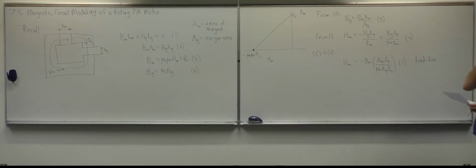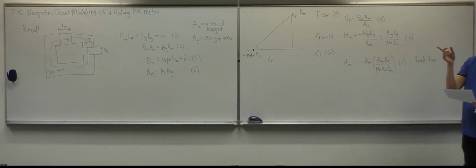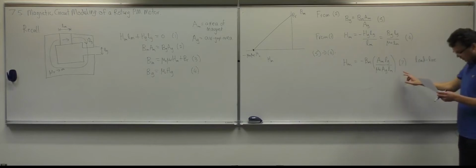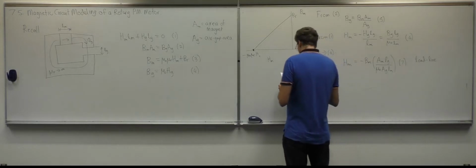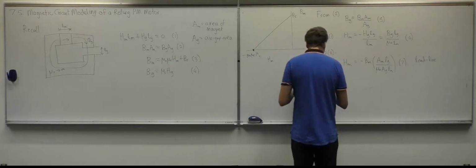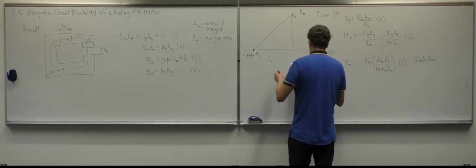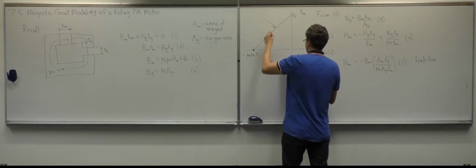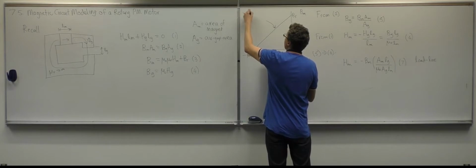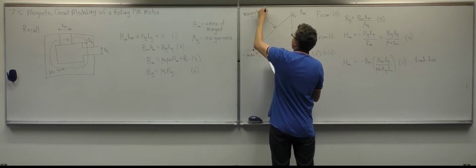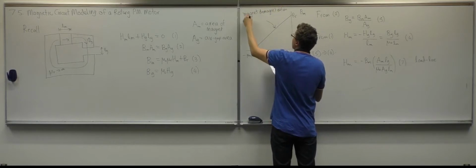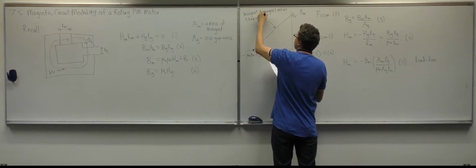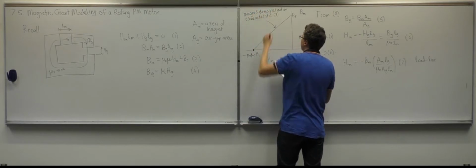It's more complicated if we don't neglect the relative permeability, if we assume that the relative permeability is finite in the magnetic material. So this was the magnet demagnetization characteristic. That's equation 3.